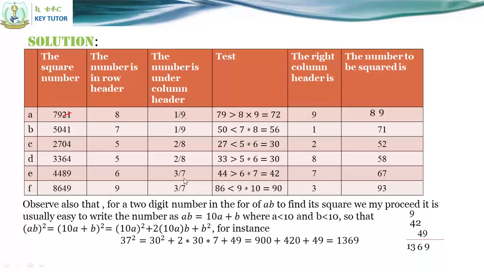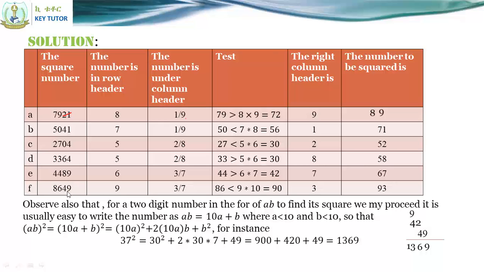Now it remains to determine the units place. Is it 3 or 7? You compare 44 here with 6 times 7, which is 42, as 44 is greater than 42. You take the larger number, which is 7, so 67 is the number to be squared to give us 4,489. Now let us take the last one.